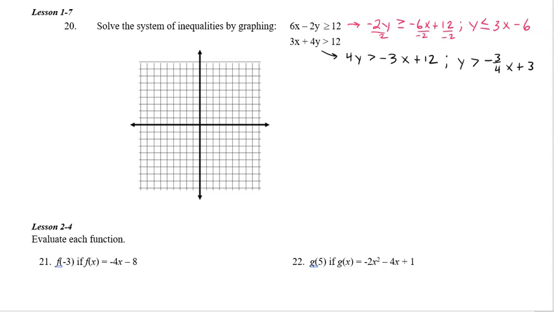So we'll graph the red boundary line first. It starts at -6. And it has a slope of +3. Up 3, right 1. And it's going to be a solid line, so I'm just going to do my best to draw a sort of straight line.